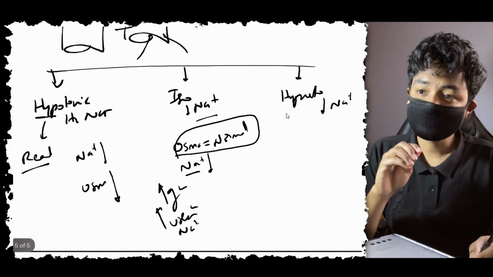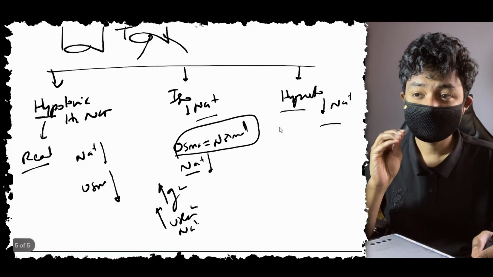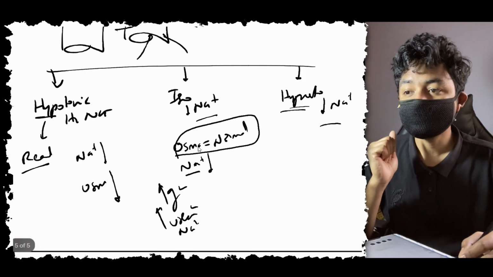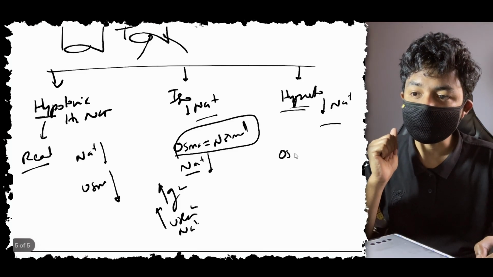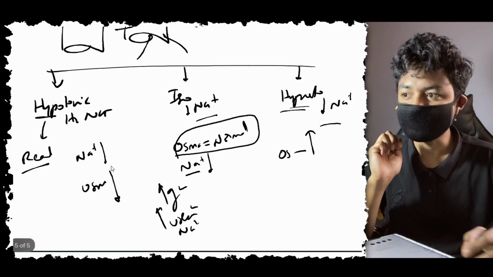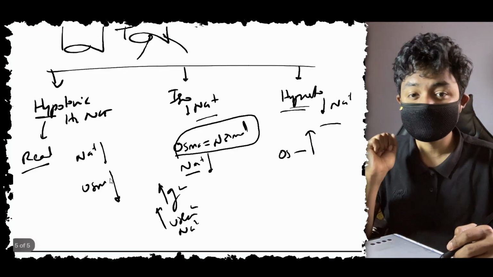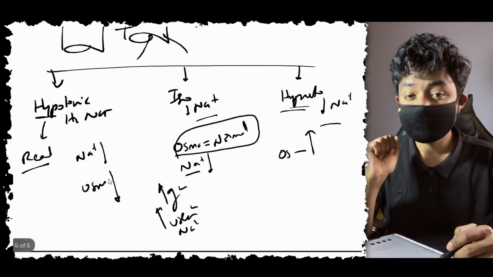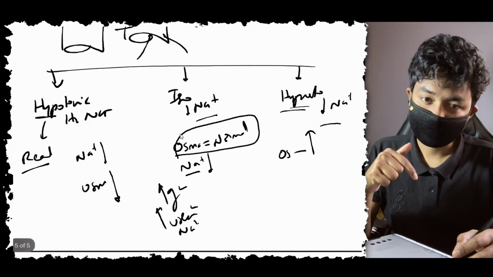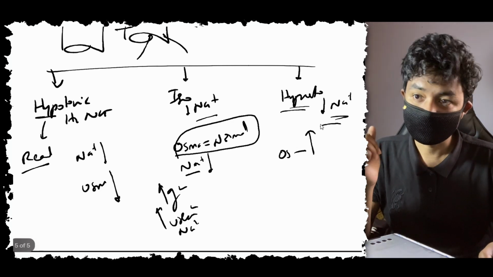All right, now what is hypertonic hyponatremia? Now in this, when I say hypertonic, that means the osmolality is high here. That means it is not less. If osmolality is high here, that means where will water go? Water will leave from where osmolality is less to somewhere else where osmolality is more. In this case osmolality is high but sodium is low.